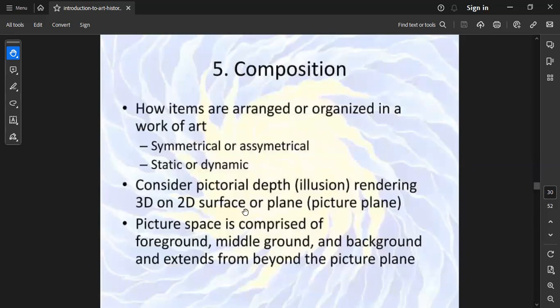Then composition. Composition plays an important role in landscape paintings, mostly because you have so many elements to deal with. And when it comes to portraits, mainly they have followed the rule of thirds, which is again a product of the golden ratio.